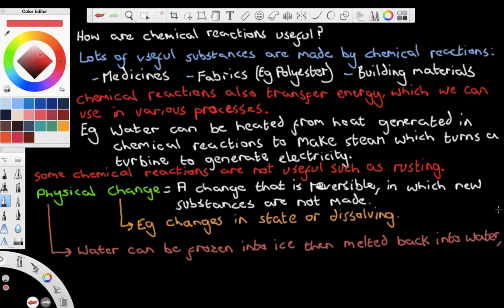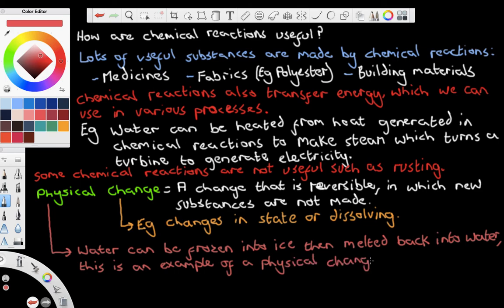This is an example of a physical change.